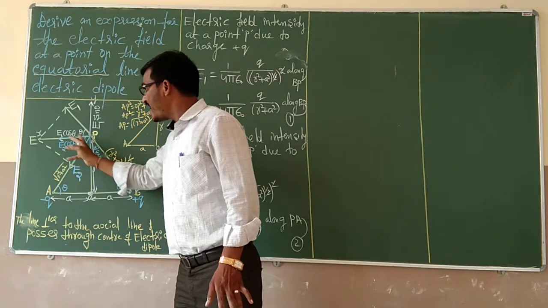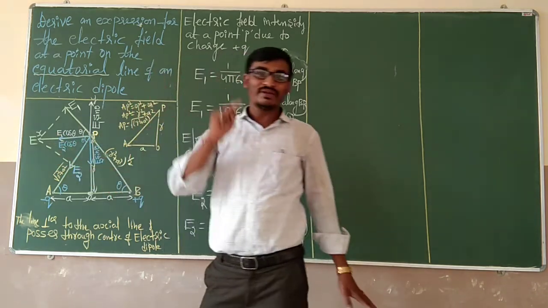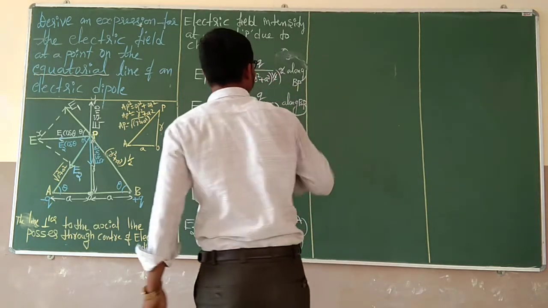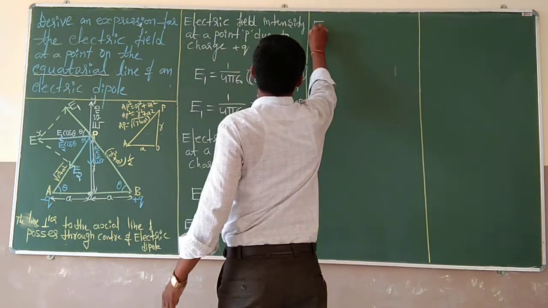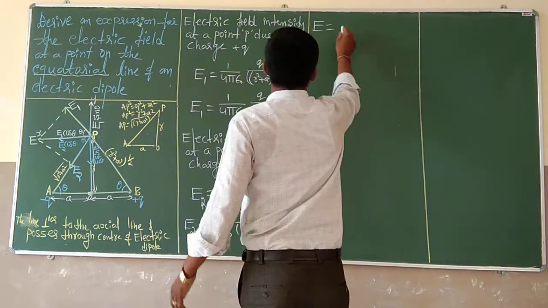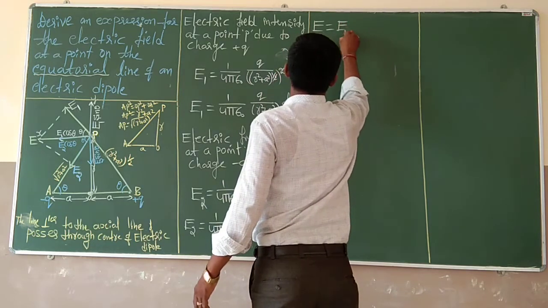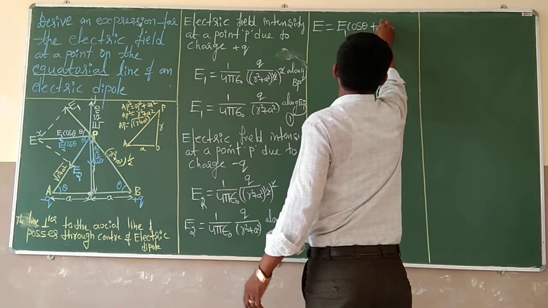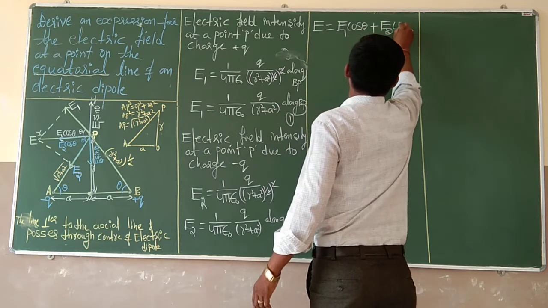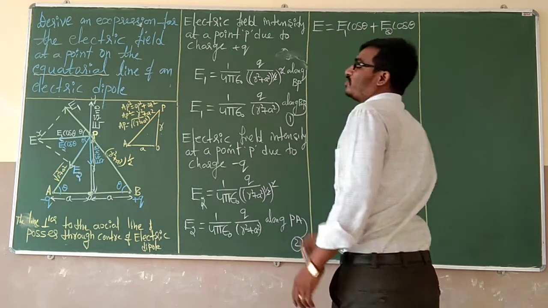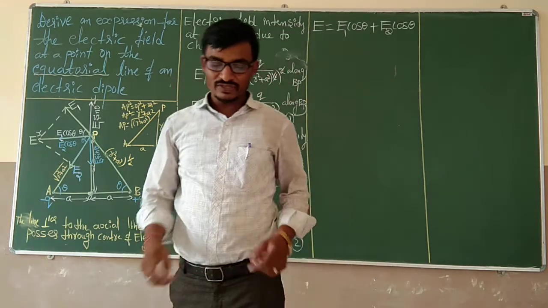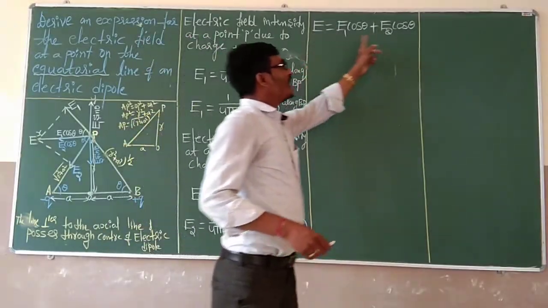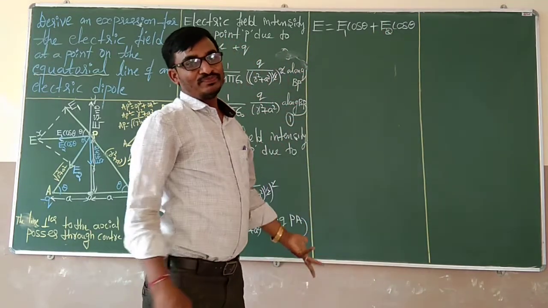You have to add because both are in the same direction. Therefore, the resultant electric field we can write as E is equal to E1 cos theta plus E2 cos theta. Here E1 value, E2 value both are the same.